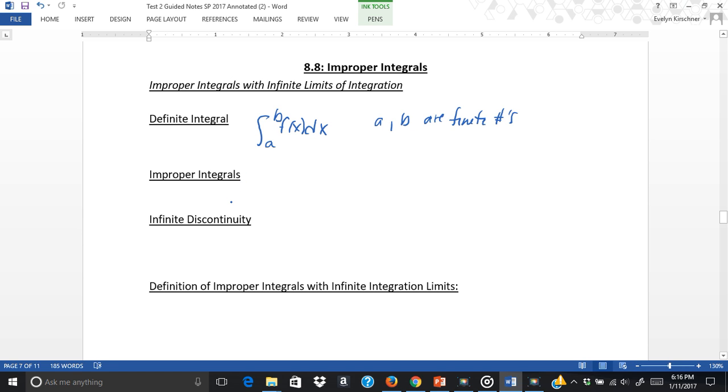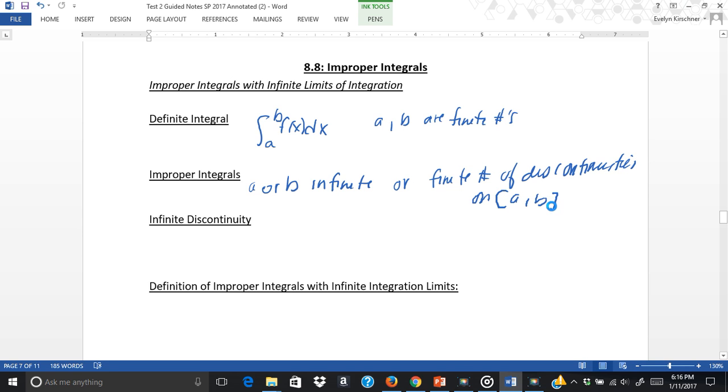An improper integral is where a or b is infinite, or we have a finite number of discontinuities on a to b.